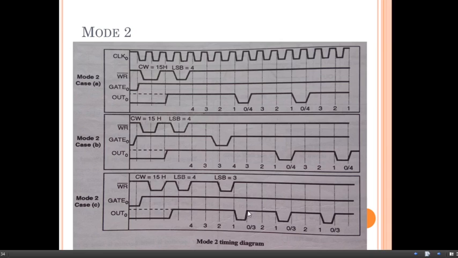The output is made high and the counter will start counting. But in this case, since the new value is loaded in the counter, the counter will start counting for that new value. So the counter starts counting for the new value, that is 3, 2, 1, 0, again 3, 2, 1, 0, again 3, 2, 1, 0, and so on. So this is mode 2 operation of 8254.